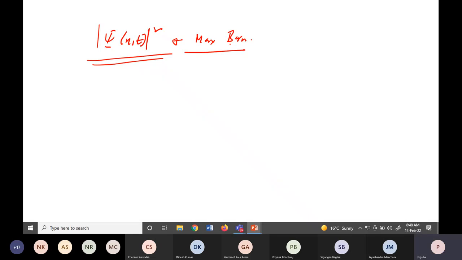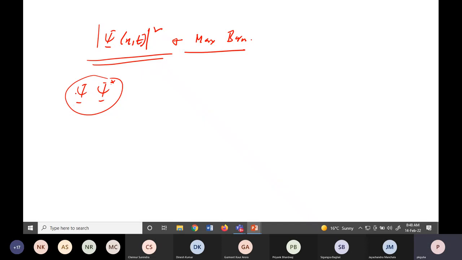And the way you find the probability in this complex wave function is by finding this, okay. This again comes from the scientist Max Born, who found that instead of psi, it is better if we find psi star psi.